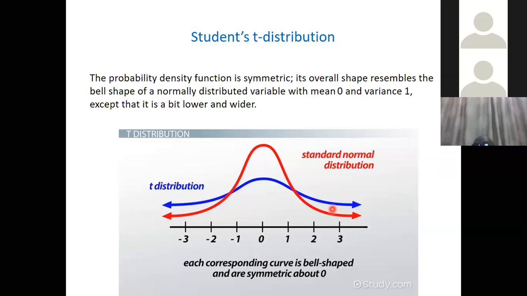That's for quantitative variable. When you are dealing with quantitative variable, the degree of freedom has something to do with sample size. And when you are dealing with categorical variable, not necessarily sample size, but the number of categories.